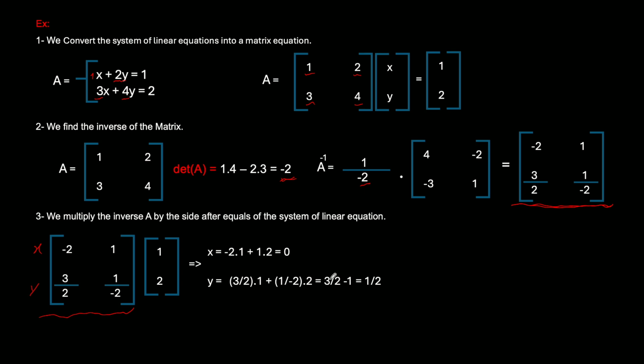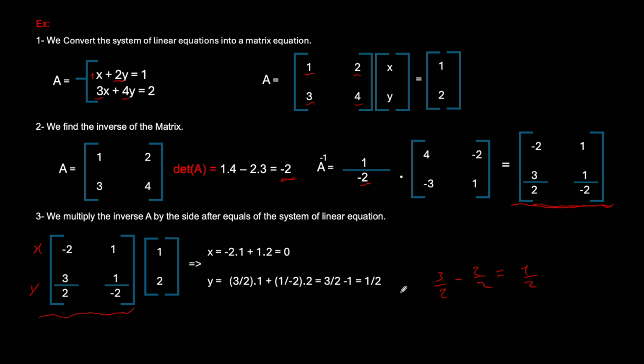And this is equal to 3 over 2 minus 1, we get 1 over 2. So it is like that. So 3 over 2 minus 1, we just put them with the same denominator, so we get 2 over 2, and 3 over 2 minus 2 over 2 is equal to 1 over 2.